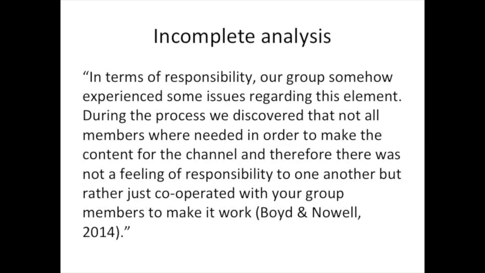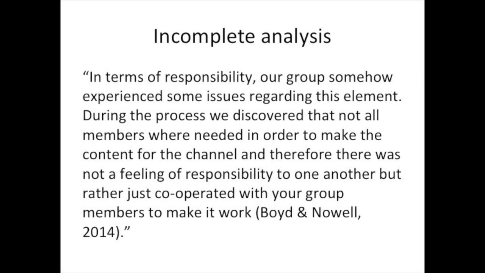So the next thing I want to talk about is that sometimes you have good analysis but incomplete analysis. So the first example is a very good observation. It's the observation that not everybody seemed to be needed to produce the content of the channel, and that therefore there was not a feeling of responsibility to one another, but people just cooperated with the group members to make it work.